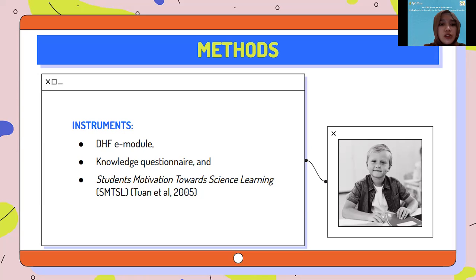The validity test with Pearson product moment obtained 14 valid items, and the reliability test with Cronbach's alpha got 0.652 on 14 items. And also the last questionnaire is Student Motivation Towards Science Learning by Tuan et al. 2005. It contains 35 questions using a Likert scale.